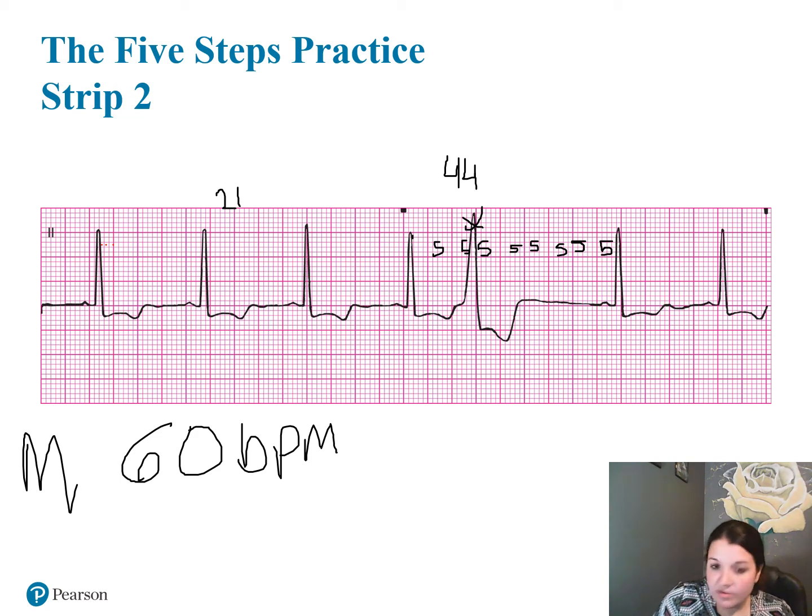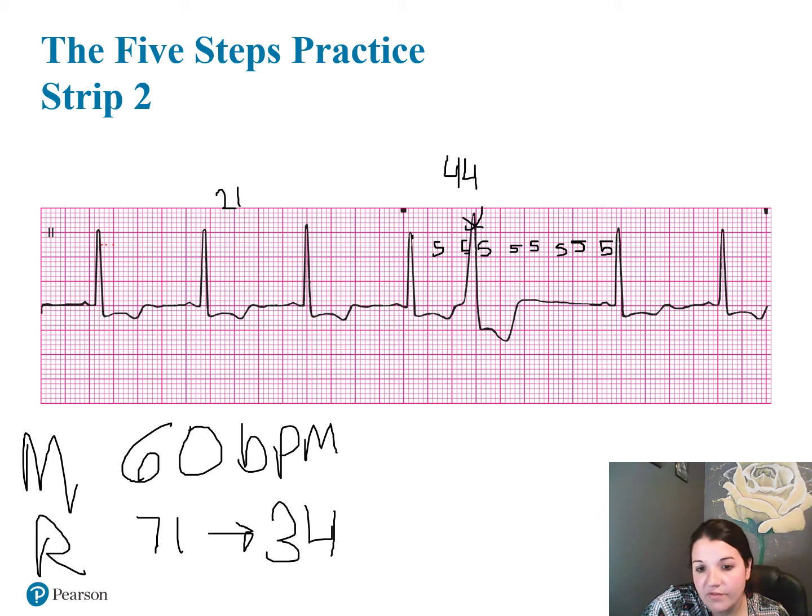So my slowest rate is going to be 34, so this is my range. My slowest rate is going to be 34 to my fastest rate, which is going to be 71.